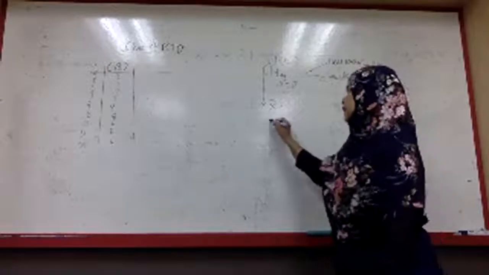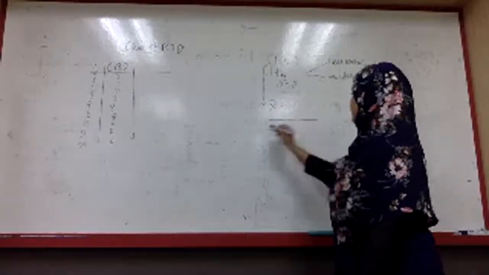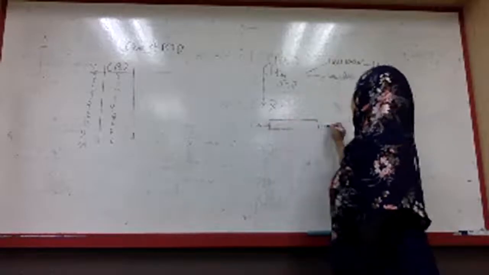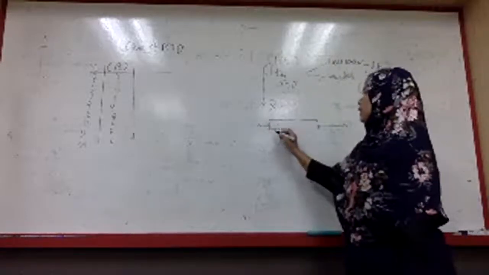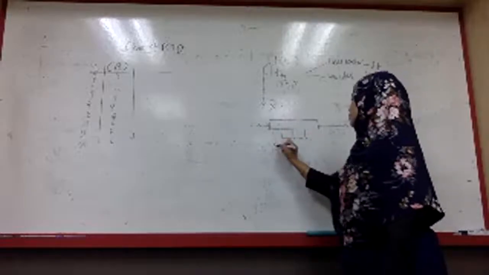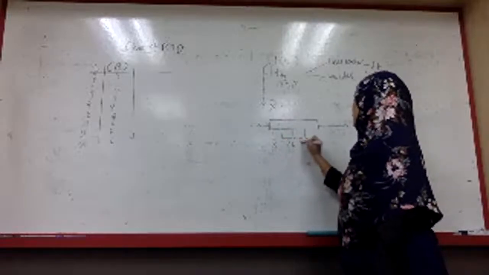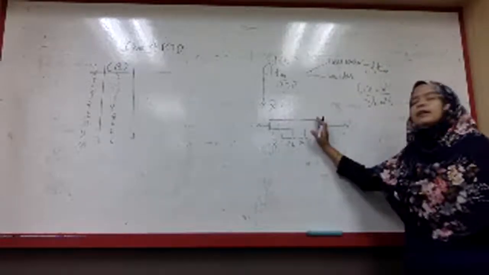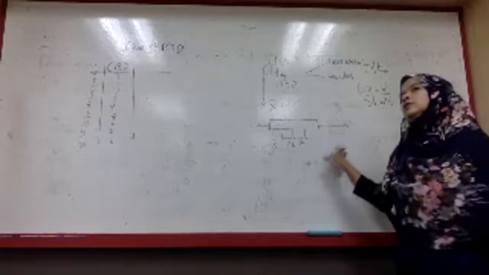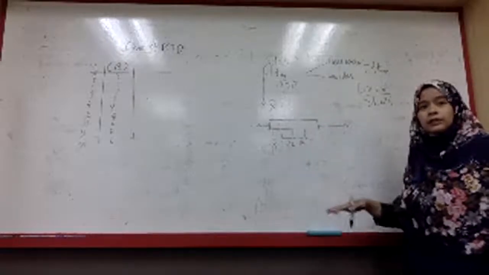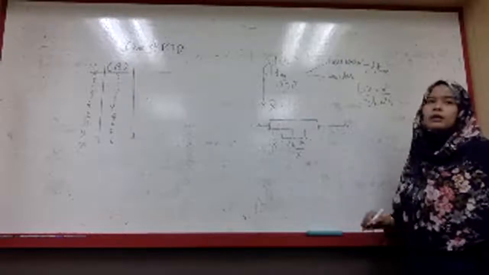Because say in your reactor, okay, this is your PFR or PBR, flow in, flow out, there will be a different X kan, X1, X2, X3 di setiap point of the reactor, right? So macam ni kita nak tahu what is actually the conversion of the reactor. So that's why kita panggil dia X bar.